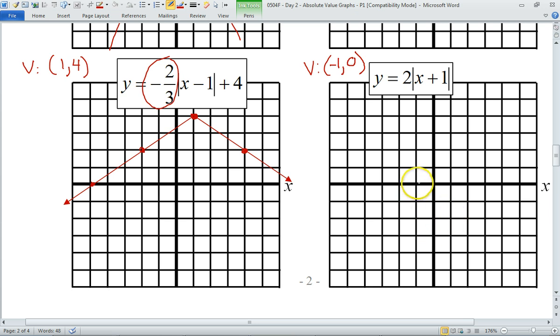So let's put our vertex, that would go right here, correct? -1, comma 0 on the x-axis. All right, Braylon, can you tell me where to go from here? Up 2 over 1 with that slope. So up 2, right 1, up 2, right 1.